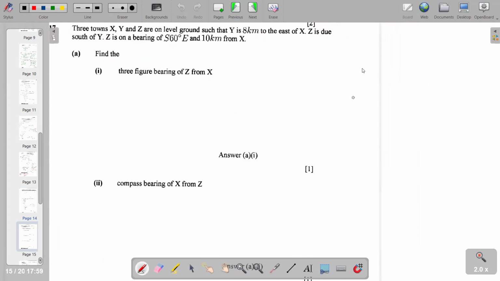So we have this as our compass. This one is our north, this one our south, this one becomes our east, this one becomes our west.